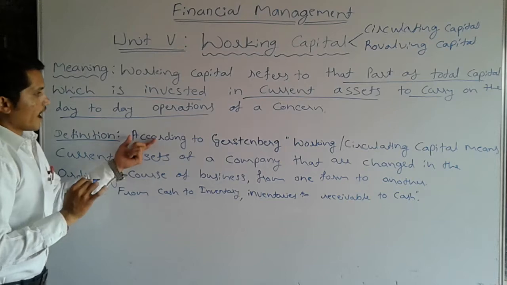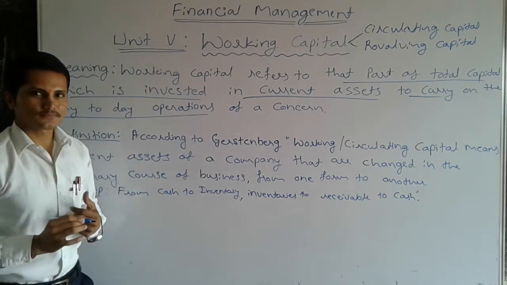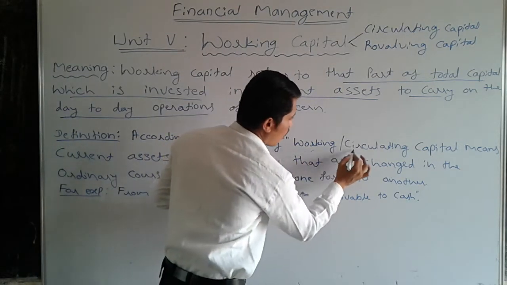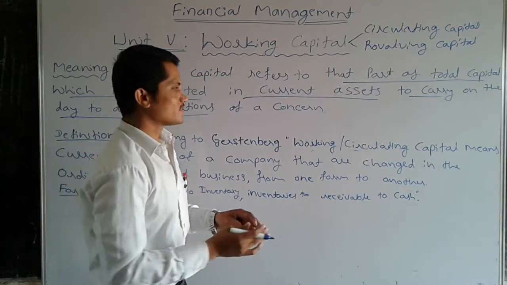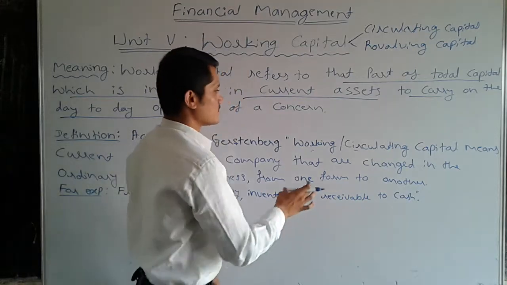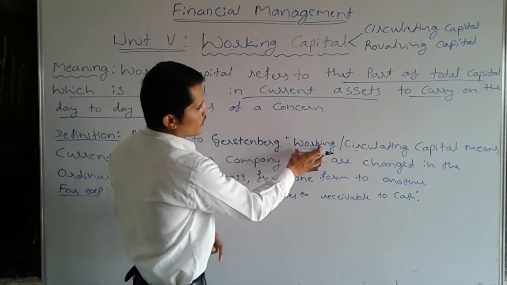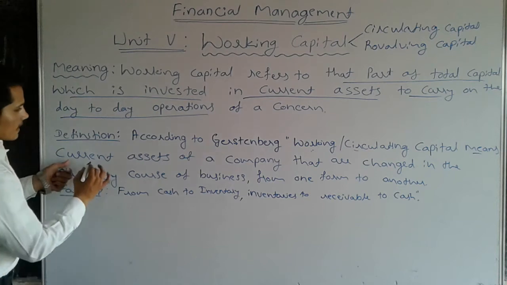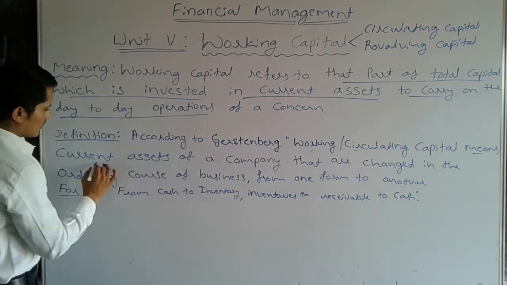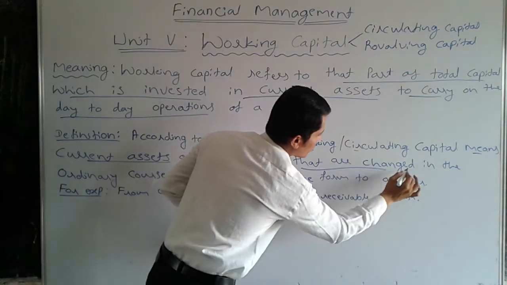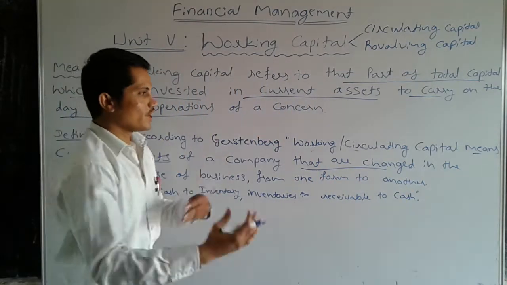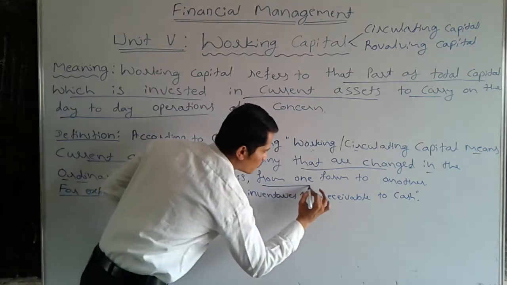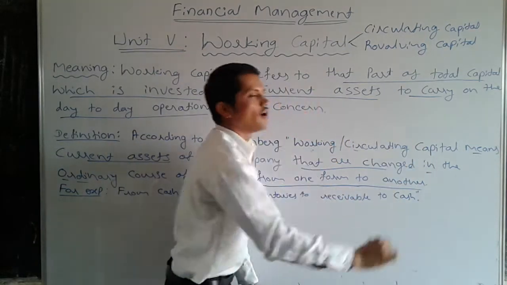According to Alfred Gestenberg, working or circulating capital means current assets of a company that are changed in the ordinary course of business from one form to another form.